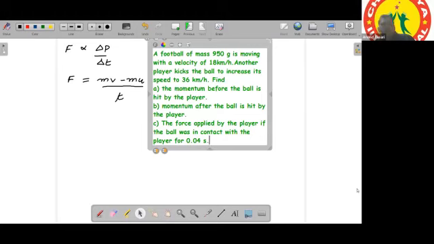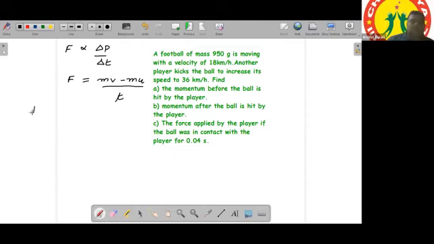And what is the formula of momentum? F equals to MV. So we will be using the formula F equal to mv. F equal to mv or P is equal to mv? Sir, P. Okay. So you'll write here P equals to mv.